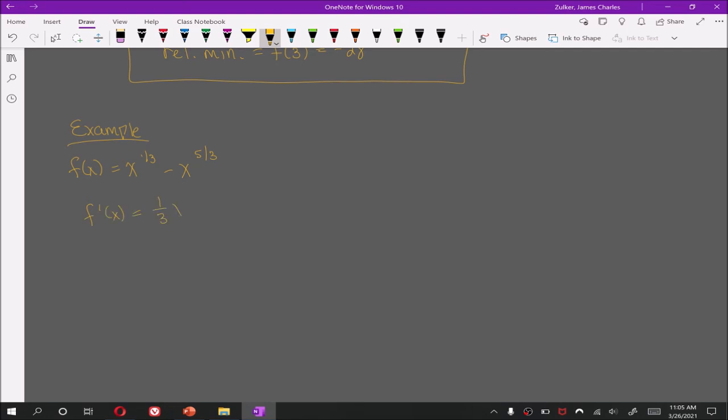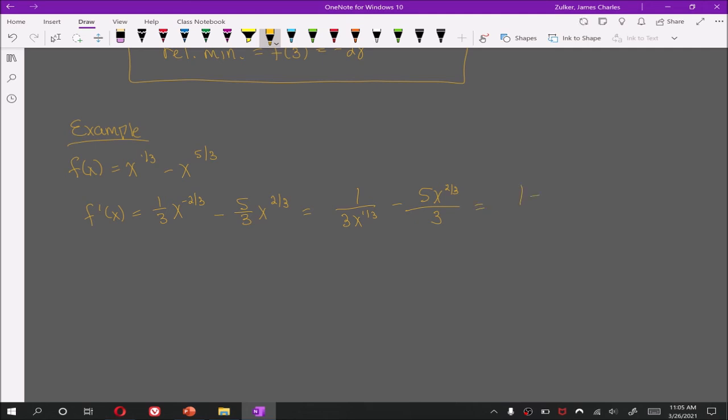We'll have 1/3 x to the minus 2/3 minus 5/3 x to the 2/3. This is 1 over 3x to the 2/3 minus 5x to the 2/3 over 3.